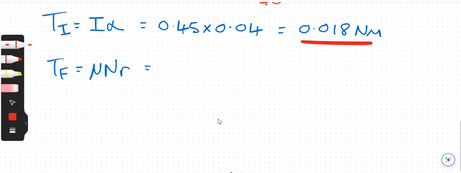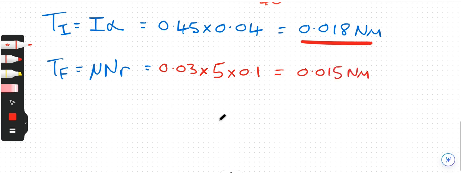So now we've got 0.03 times the load on the bearings, which is 5, and the flywheel radius was 0.1. This is the torque to overcome friction. Put that in your calculator and you get something like 0.015 Newton meters.